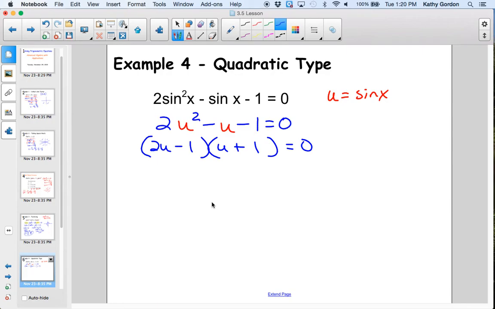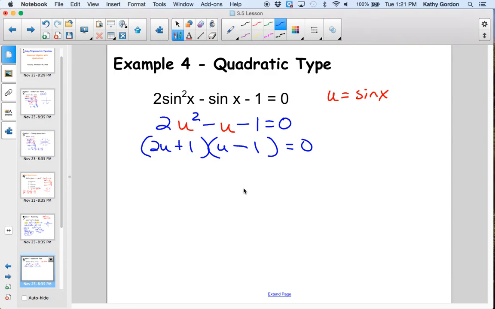But how am I going to fix this to make this middle term work? Change the u into negative u. Right? So now we've got 2u squared, negative 2u, positive 1u. So now we've got that negative u we need and still have the negative 1 there. Okay, so double check that your signs are all going to work out okay.